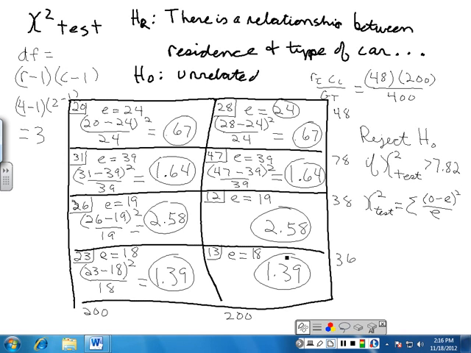So the chi-square test will be the sum of all of those O minus E squared over E. So 0.67 plus 0.67 plus 1.64 plus 1.64 plus 2.58 plus 2.58, sorry, made the mistake of putting my hand on the board.